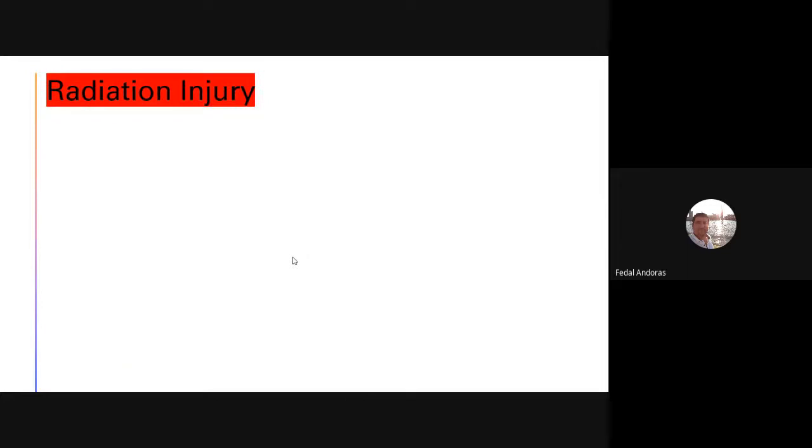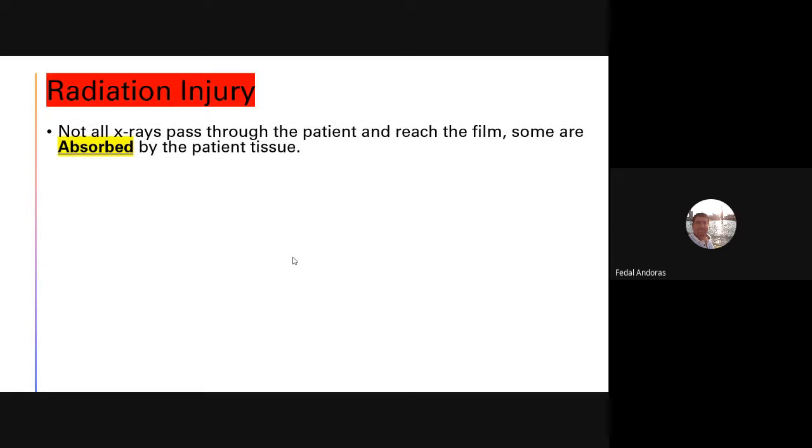So what do you mean by radiation injury? We talked last lecture about what happens when the radiation hits the matter. Not all X-rays pass through the patient and reach the film. Some are absorbed by the patient's tissue. And here is the problem.